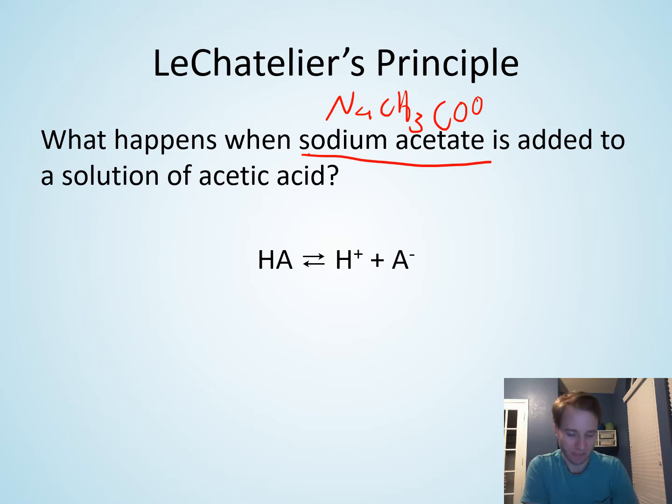Acetate ions establish an equilibrium with the water to form acetic acid and OH-, and that will affect the pH, and you can solve for that pH using ICE tables.